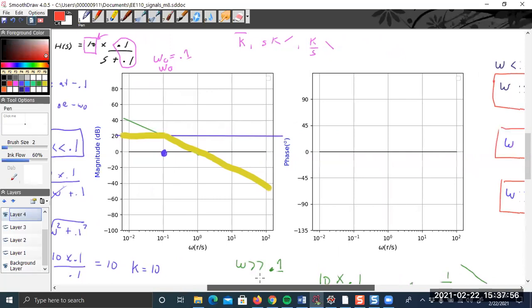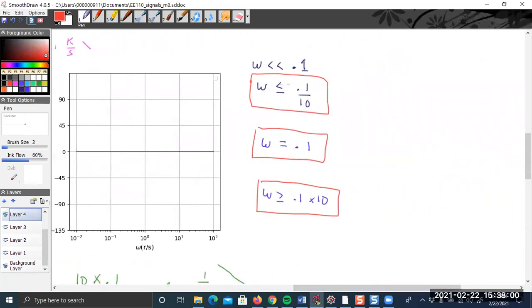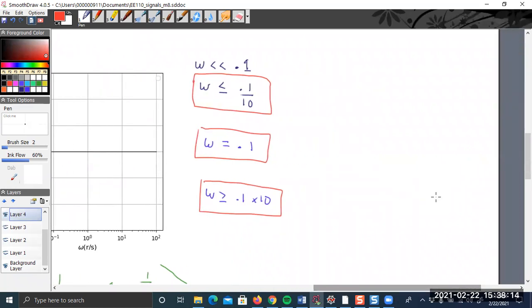All right. Here, we're effectively having a phase asymptote here, a phase asymptote. And this is actually a single point, and then you draw a line between them. All right. So let's look at the phase.